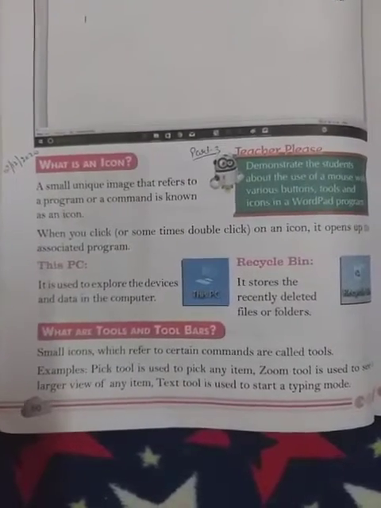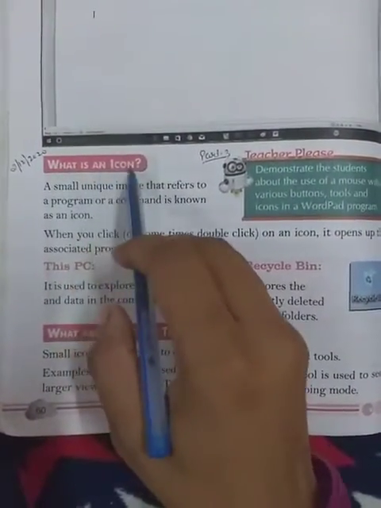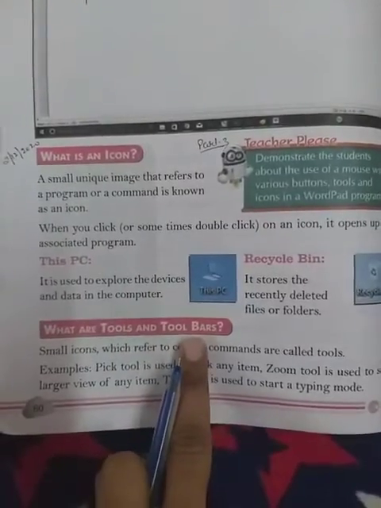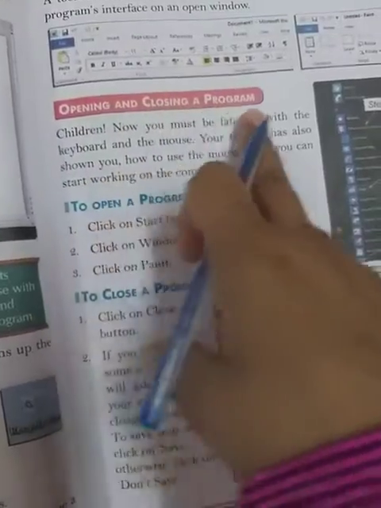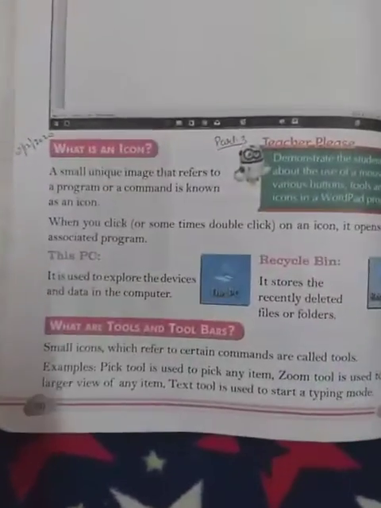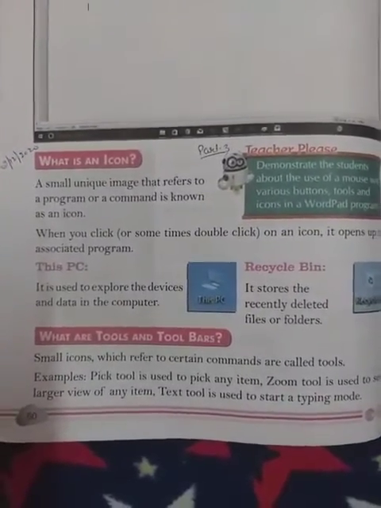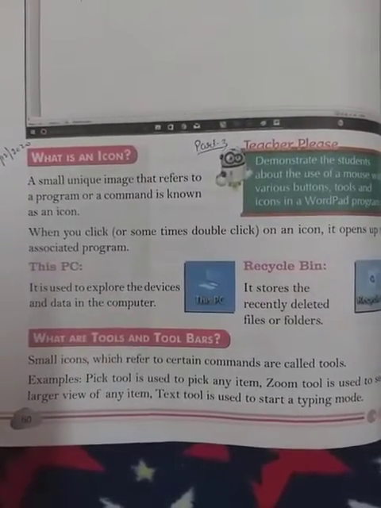Okay, now today we discuss what is an icon, what are tools and toolbars, and opening and closing a program. Okay, so students, today we discuss 3 points. I hope you all have opened your computer book, page number 60.